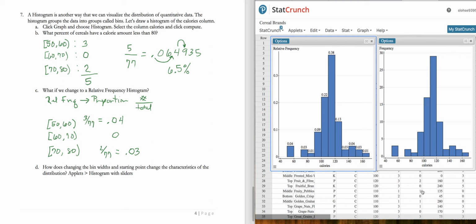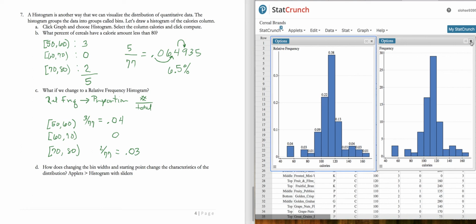There we go. So the thing that has changed is our vertical scaling, but how the data is laid out throughout its range is exactly the same. So changing that vertical scaling does not change the distribution of our data.